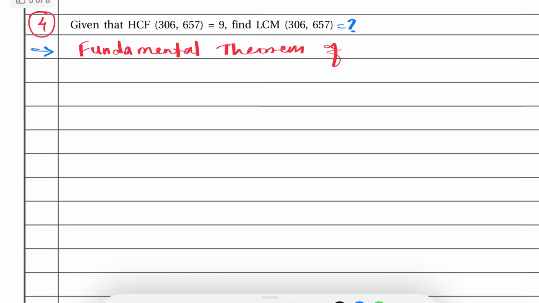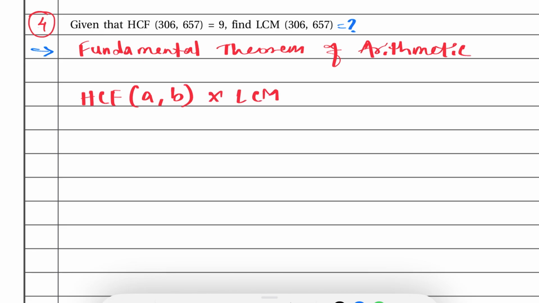Theorem of arithmetic, and that is HCF of two numbers times LCM of two numbers is the product of these two numbers. So HCF is given, how much? 9, right?